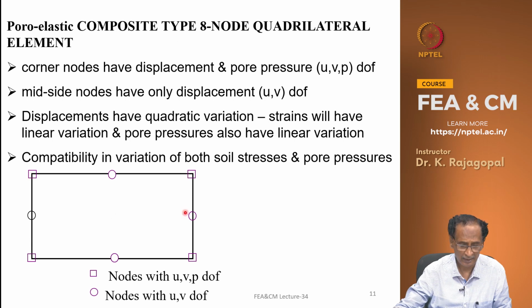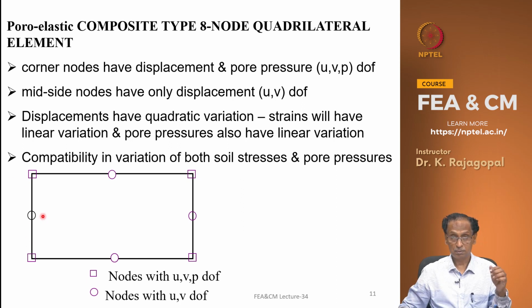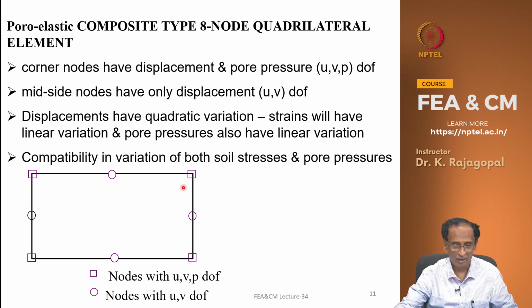And here you see an 8 node quadrilateral, 4 corner nodes and 4 mid side nodes, and the pore pressures are defined only at the corner nodes, whereas the displacements are defined at all the 8 nodes. So the corner nodes have both the displacements and the pore pressures as the nodal variables, whereas the mid side nodes have only the displacements as the degrees of freedom.